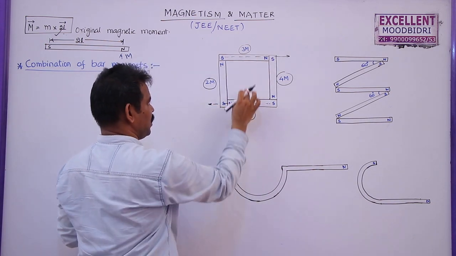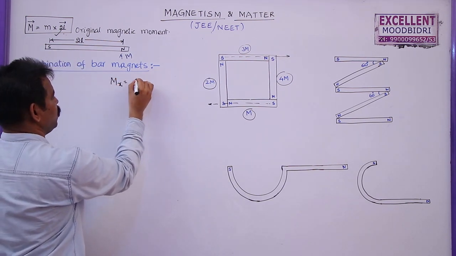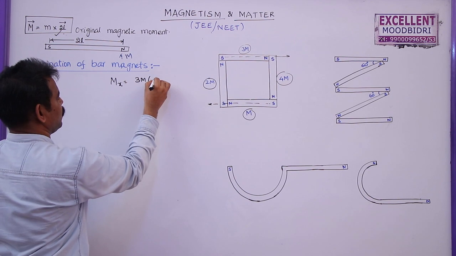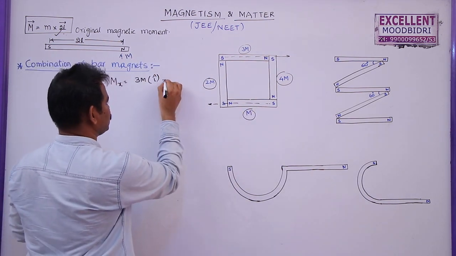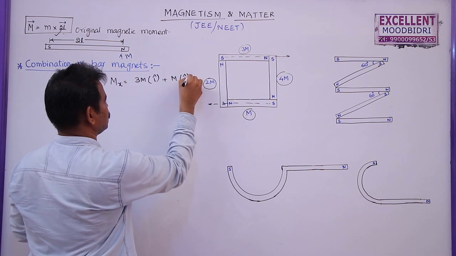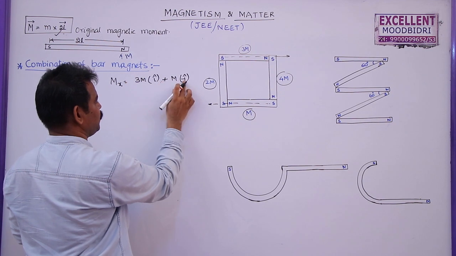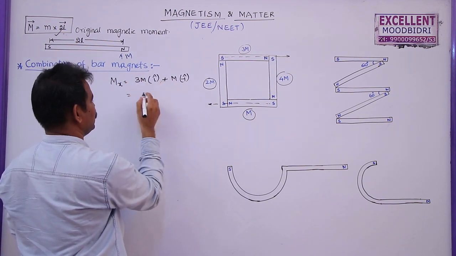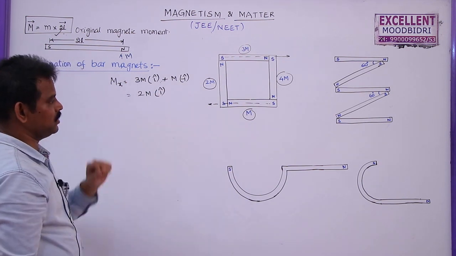So what is the sum of these two? The magnetic moment along the x-axis: one is 3m acting along the positive x-axis and m is acting along the negative x-axis. So 3m minus m is 2m i cap. This is the magnetic moment along the x-axis.